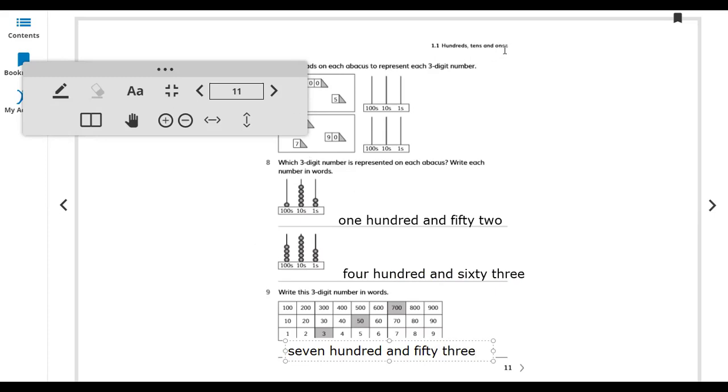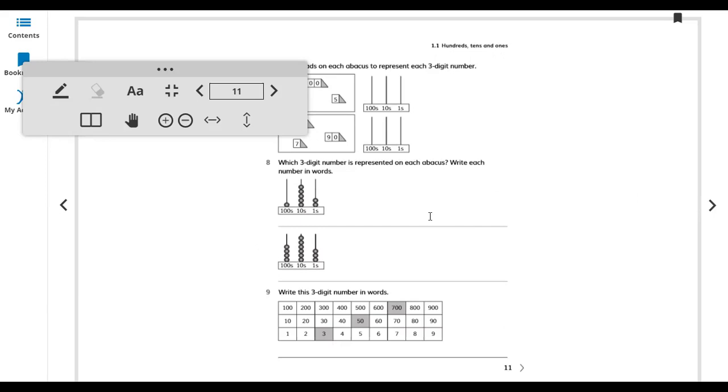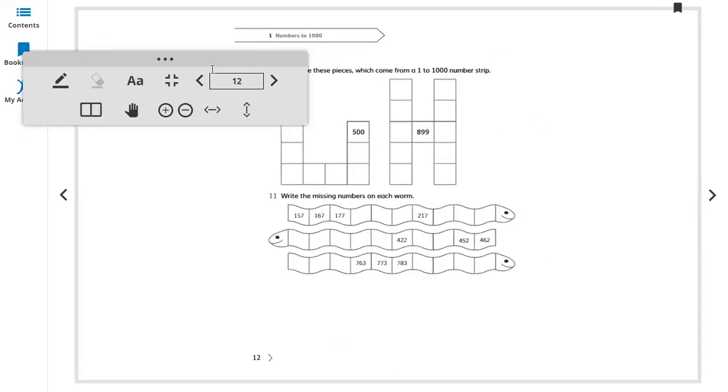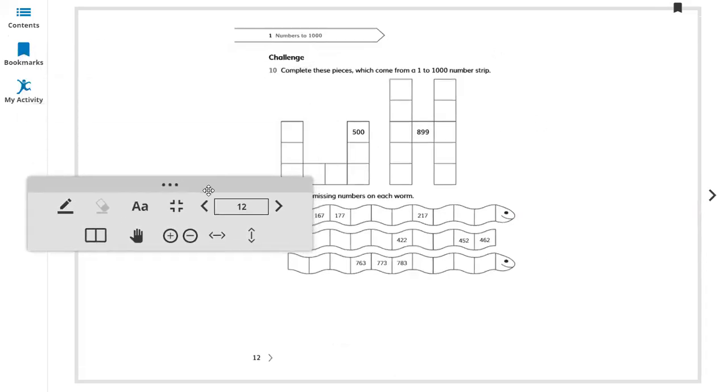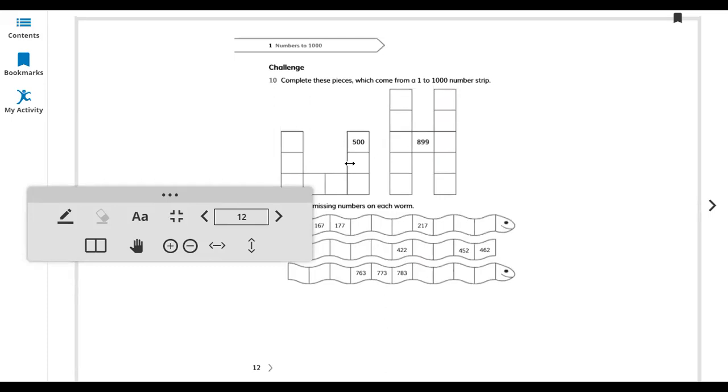So just move to the next page. Yeah, all in order. Question number 10. Complete these pieces which come the same as on the first or second page. When we are moving downward it is hundreds, and when we are moving straight it is tens. So this is 500, 600, and then 700.